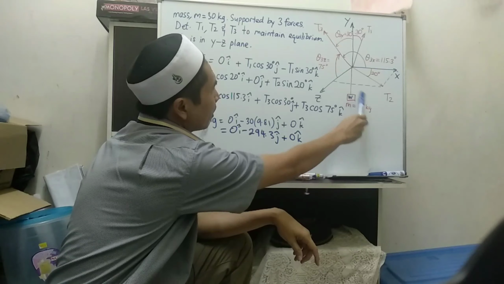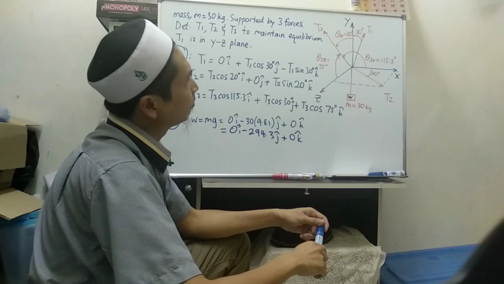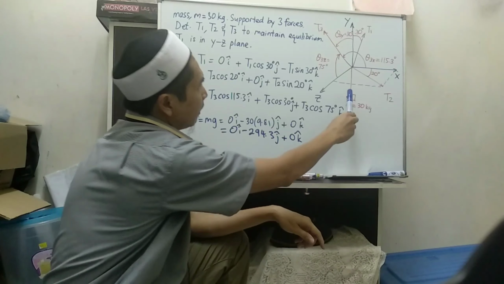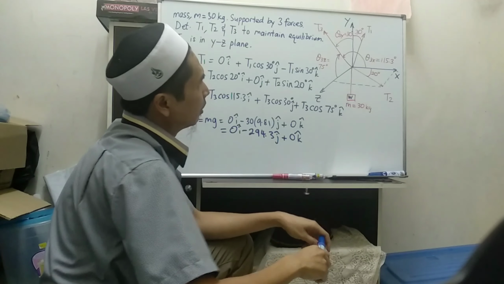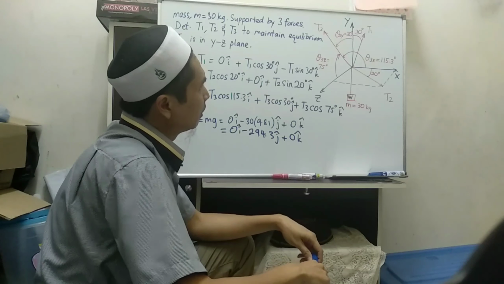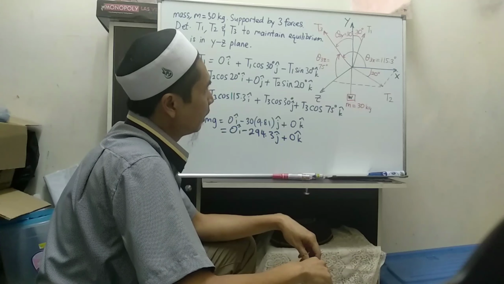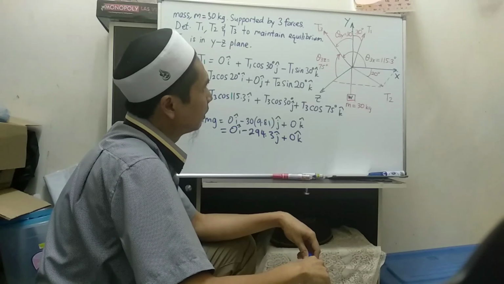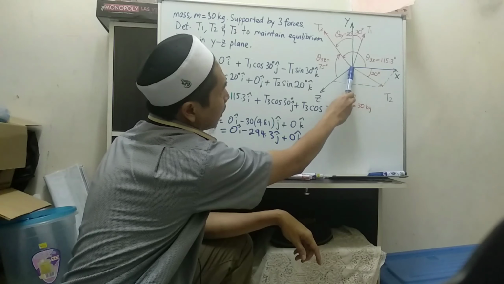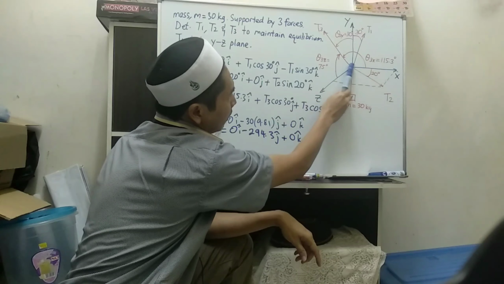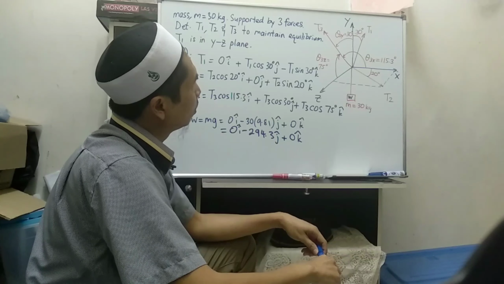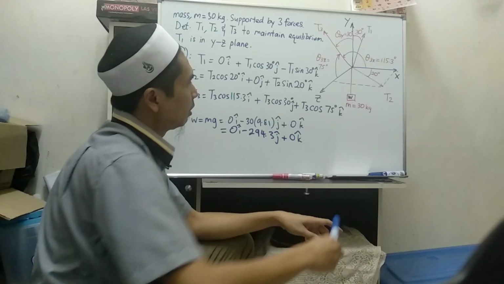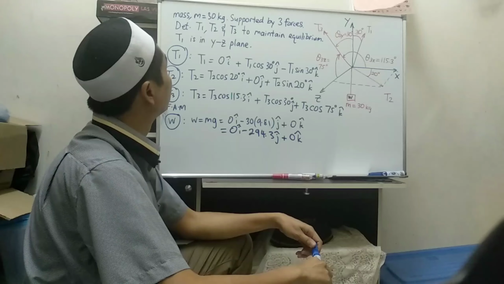At the same point on the cable hanging the mass, we have three forces, T1, T2 and T3, to hold the mass in equilibrium.